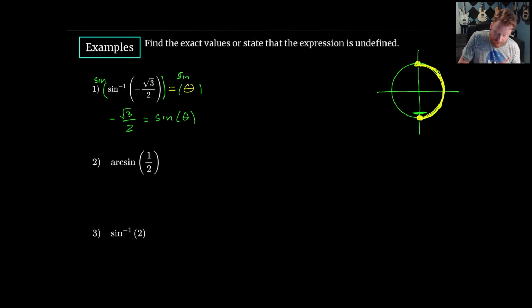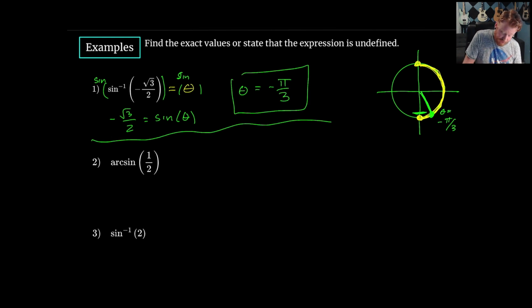Keeping that in mind, I want to find where the sine is -√3/2, which is going to be this angle here. And this angle that we are creating is -π/3. Remember that the angle we're finding needs to be part of our restricted domain for sine, which is between -π/2 and π/2. So this is telling us that the angle theta that we have found is -π/3. So we just use this picture here to get that.